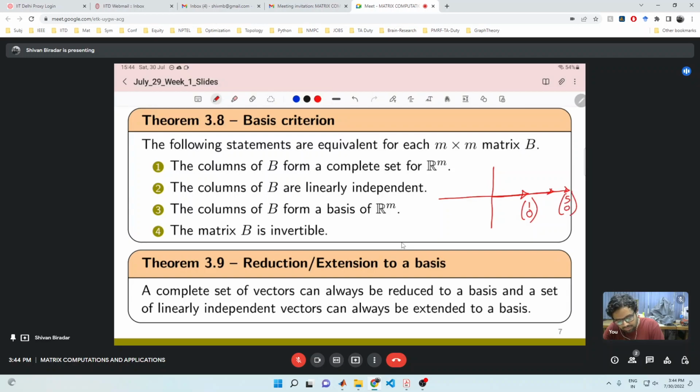If I multiply this vector by 5, I'll get the vector (5, 0). If I multiply it by minus 5, I'll get (minus 5, 0). If I multiply it by minus 10, I'll get (minus 10, 0). So just by using this vector (1, 0), I can generate this whole line itself. So now I say that this vector (1, 0) spans R.